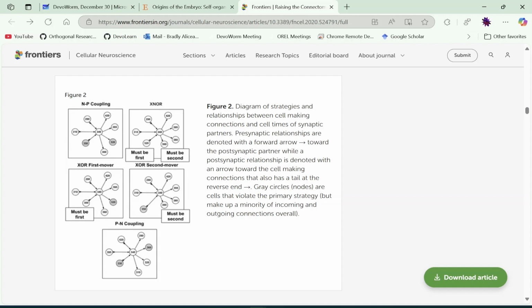You get behaviors like muscle twitching that are autonomous from the connectome, and then later you get simple connectome related behaviors that start to emerge around the time that the egg hatches and going into this L1 phase of the larval period. And then during the larval period, you get a lot of synaptic rewiring before you get to the adult.